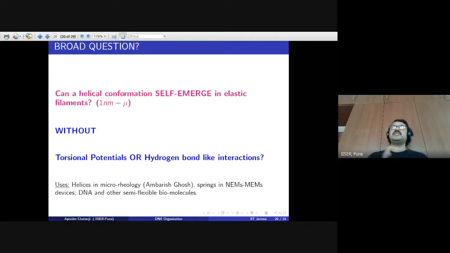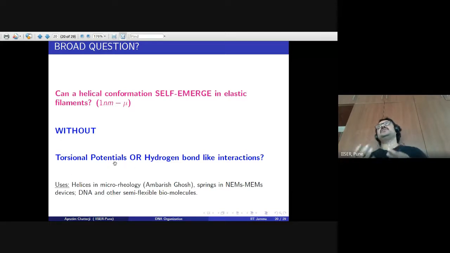The broad question we are asking is, can a helical conformation self-emerge in an elastic polymeric filament? The elastic polymeric filament I'm talking about has a length scale of the order of nanometers to microns, so thermal fluctuations are important. Can it self-emerge where there is no torsional potential?